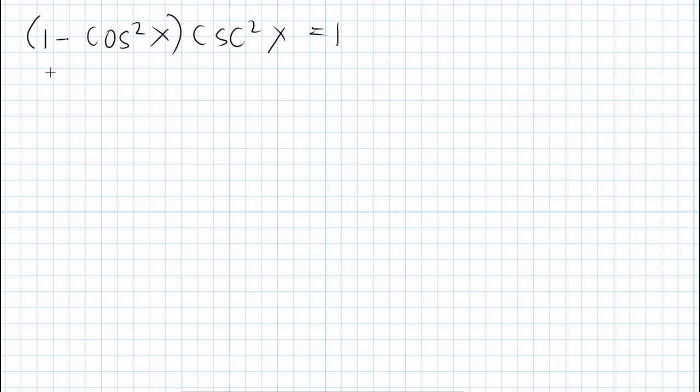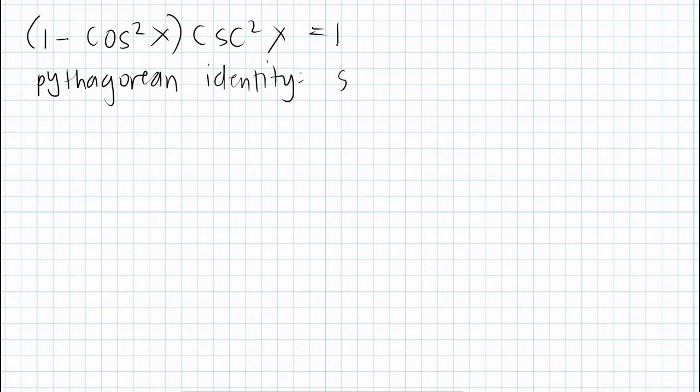First, let's start with 1 minus cosine squared x times cosecant squared x equal to 1. So, from the Pythagorean Theorem identity, we know that sine squared x plus cosine squared x is equal to 1.